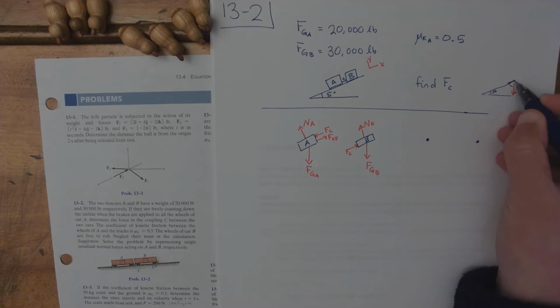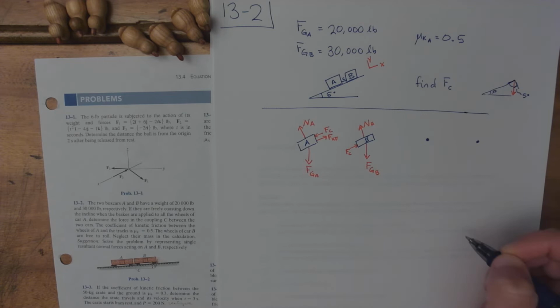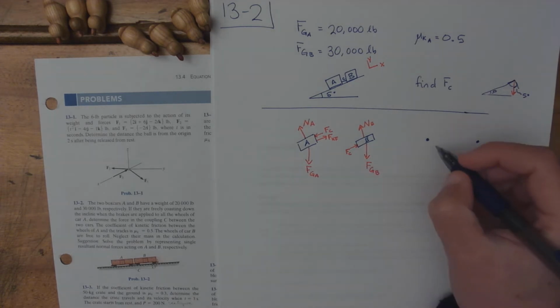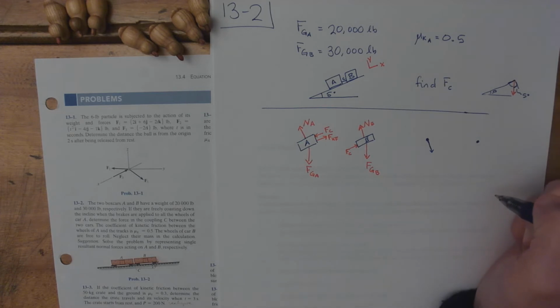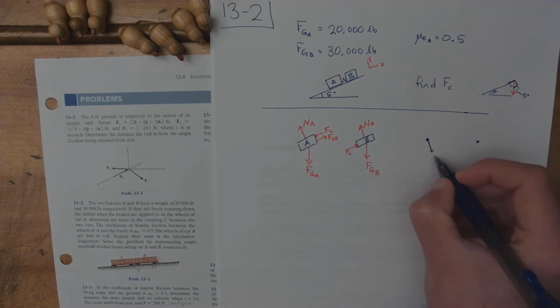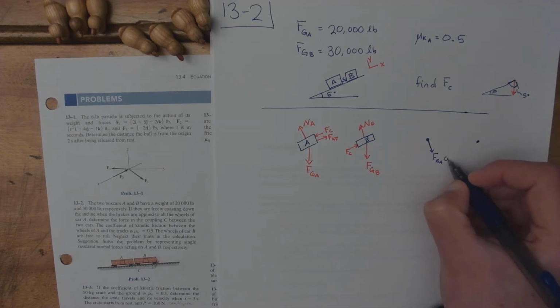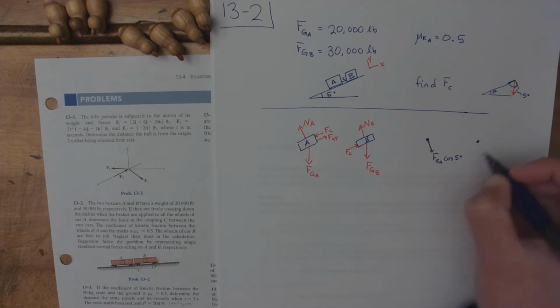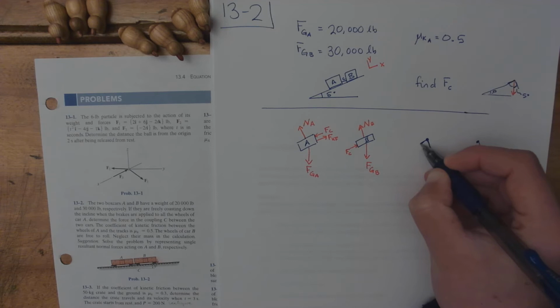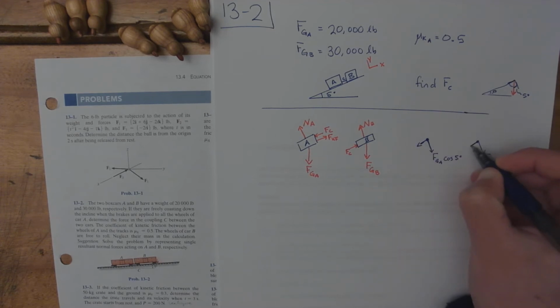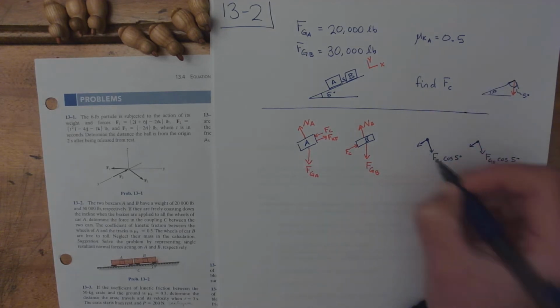And so if we do a right angle here, this angle is going to be 5 degrees, which means when you break the force of gravity down into components, this component, because it's adjacent to the angle, is going to be the cosine component. So this is FGA cosine of 5 degrees, and this is FGB cosine of 5 degrees, and then we have a component going this way, which is the sine component.